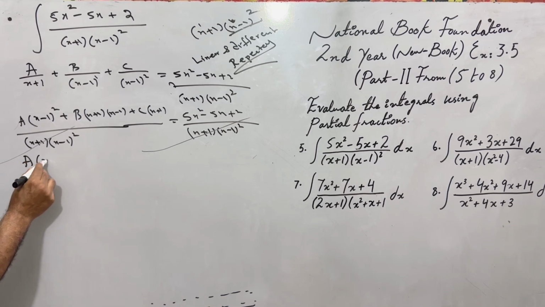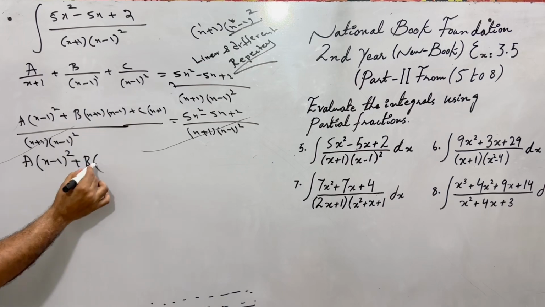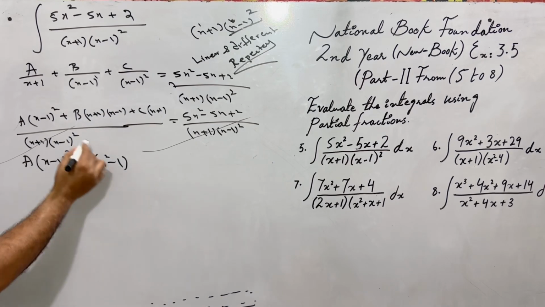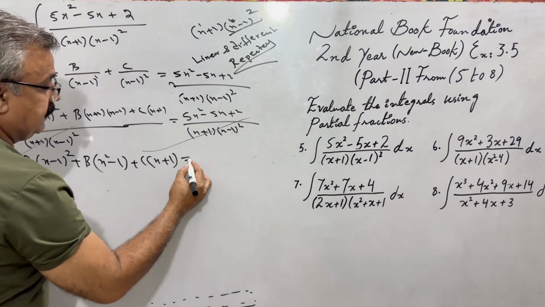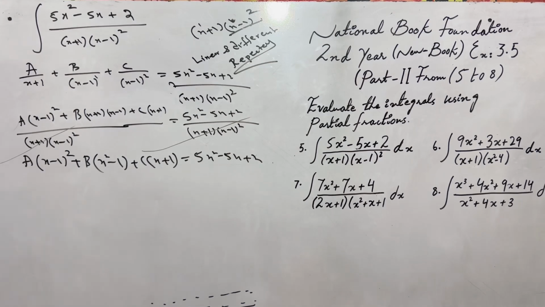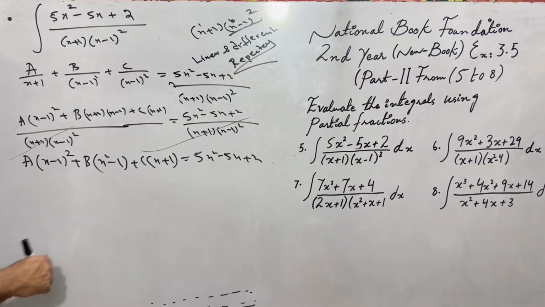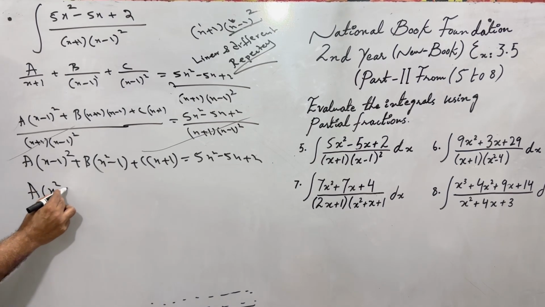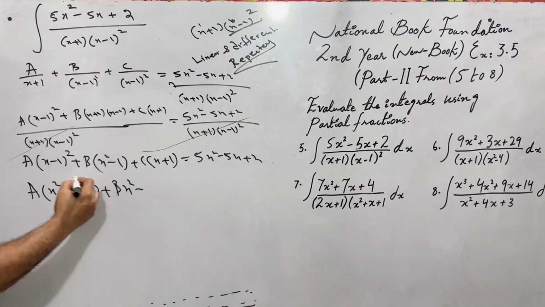A times (x − 1)² plus B times (x − 1)(x + 1), that is (x² − 1), plus C times (x + 1) is equal to 5x² − 5x + 2. Now just multiply brackets and compare the coefficients of x², x and the constant, along with a tip to be discussed now, on how to solve a complicated system.